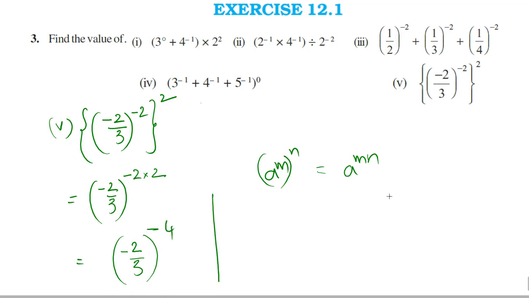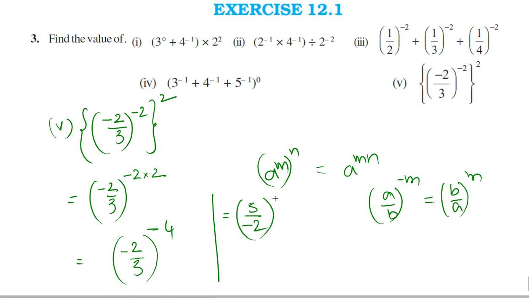Now we can use the identity a by b whole to the power of negative m equals b by a whole to the power of m. According to this, we can write negative 2 by 3 as 3 by negative 2, then whole to the power of positive 4. Write the exponent to the numerator and denominator separately.